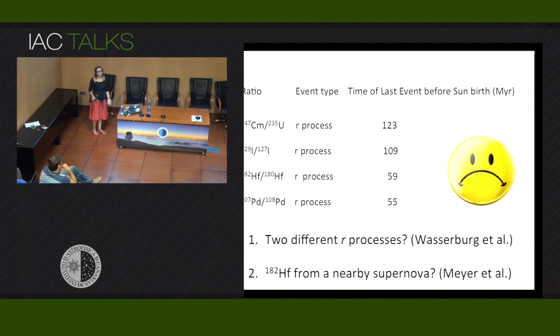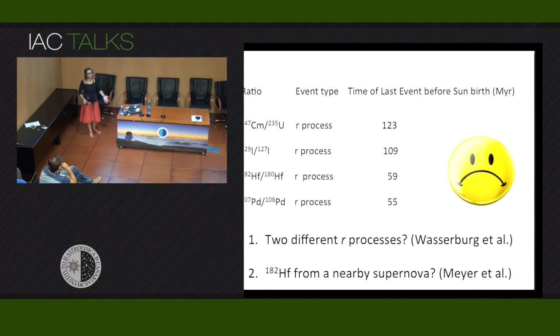But this was very controversial, because people who do R process models were saying, look, you can't do that. We're trying changing our free parameters in all the models. We cannot just block it in this way. Also, the curium is in agreement with the iodine, but is beyond the hafnium, so it would be difficult to produce up to that, then skip some nuclei, and then go on to produce the heaviest.